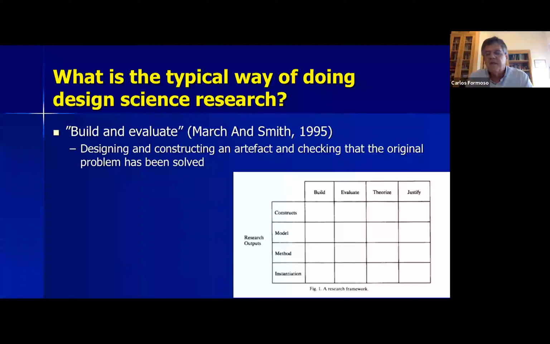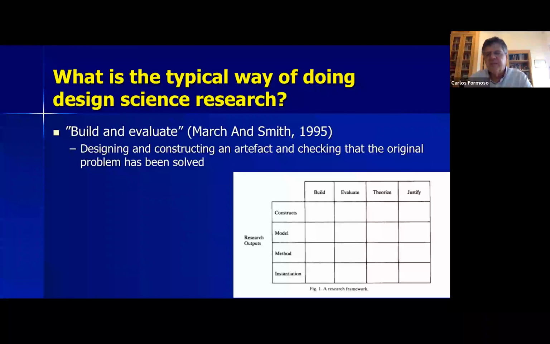And they say something really important. When you do design science research, you need to do two things. You need to build something new and then do an evaluation of that artifact, that new thing you developed, right?